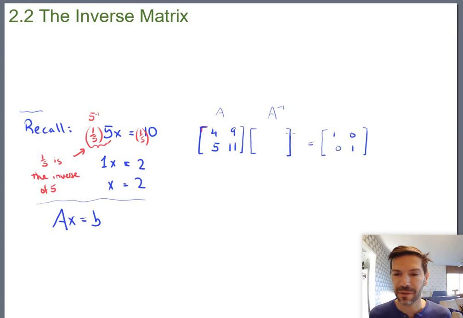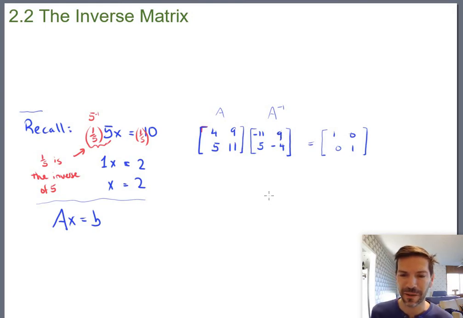Is just some little 2 by 2 matrix here that when I multiply it by A, I get 1, 0, 0, 1. So let me just pull something out of my hat. And let's see if this really is the inverse matrix.